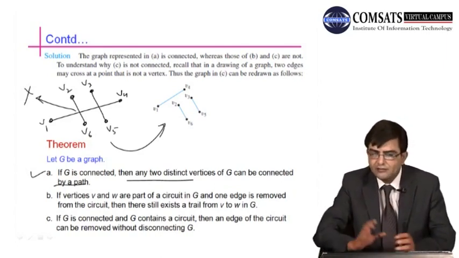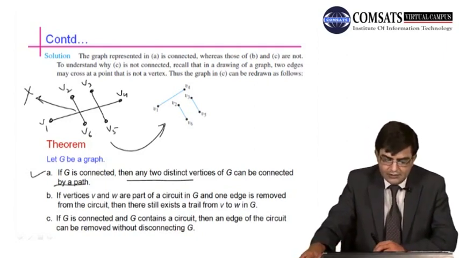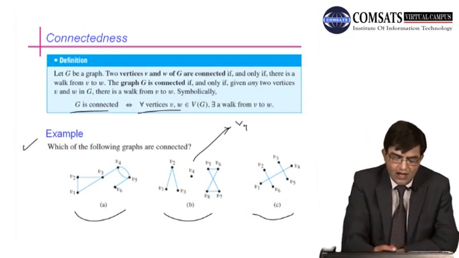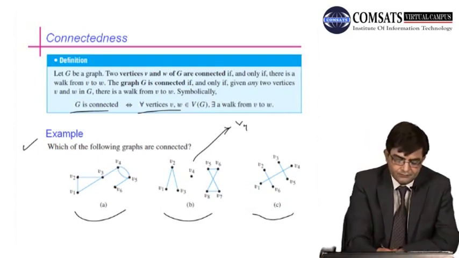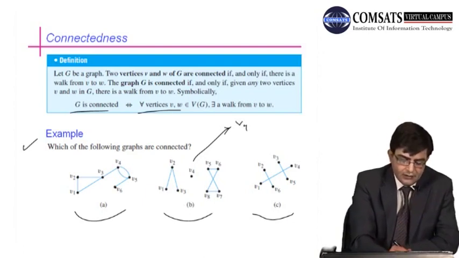This is obvious if you just imagine a little. For example, here we have a circuit whose starting and ending point is the same: V1, V2, V3 and V1.